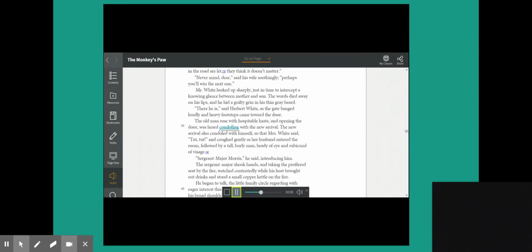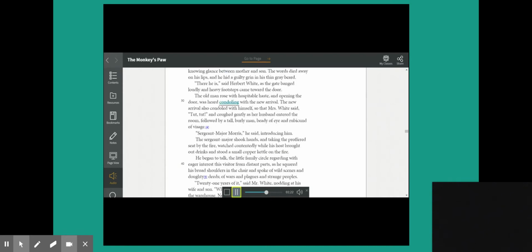The old man rose with hospitable haste, and opening the door was heard condoling with the new arrival. The new arrival also condoled with himself, so that Mrs. White said, "Tut, tut," and coughed gently as her husband entered the room, followed by a tall, burly man, beady of eye and rubicund of visage.